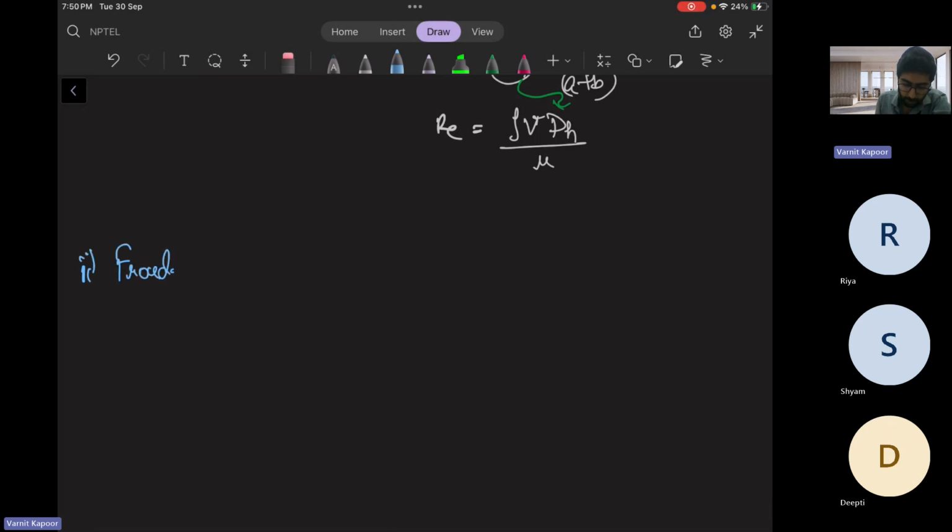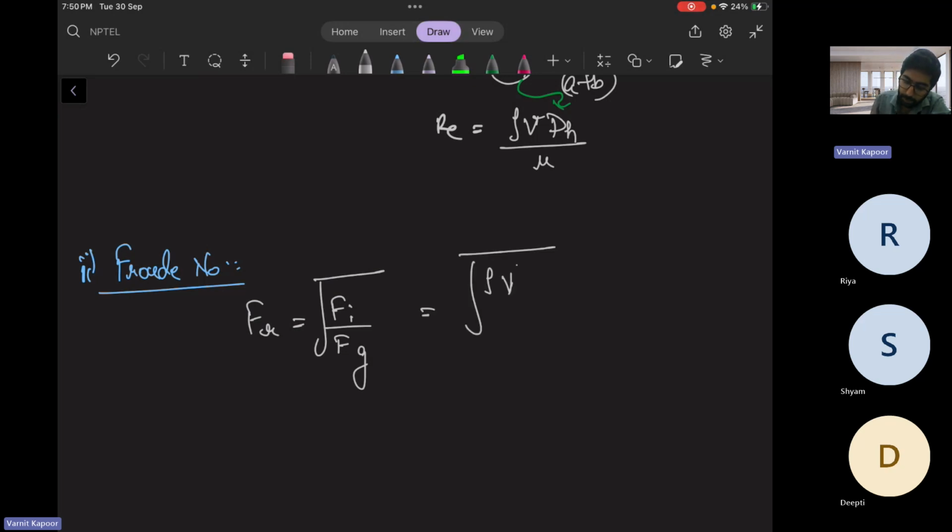Froude number. The Froude number is nothing but Fr is inertial to that of gravity force. So what is inertial? Just now we got rho V square Lc square, and gravity is mass into acceleration.